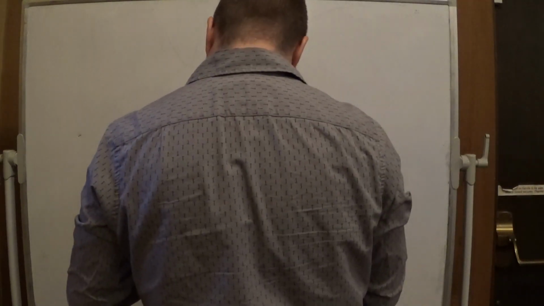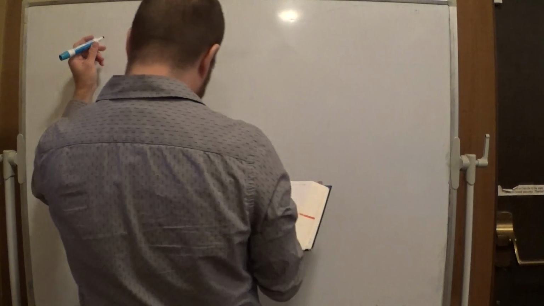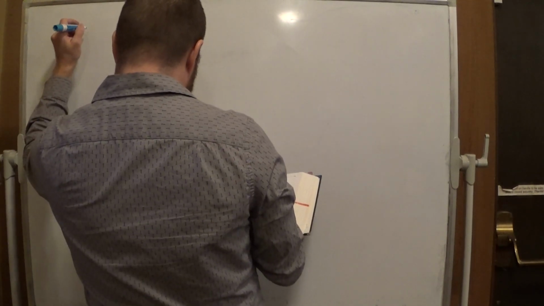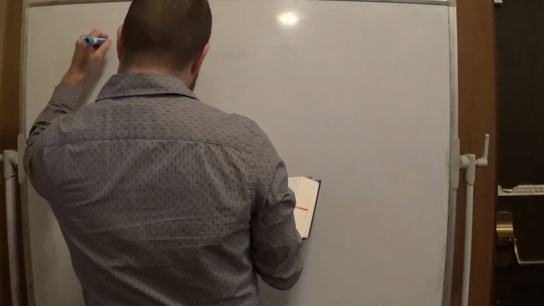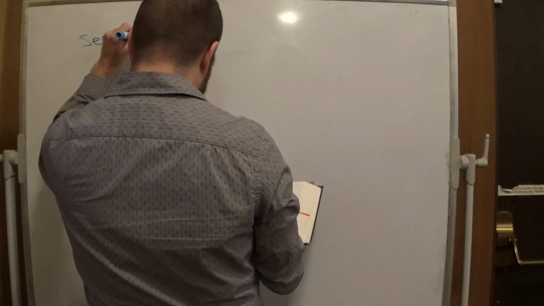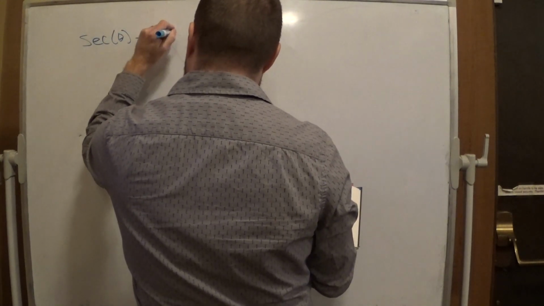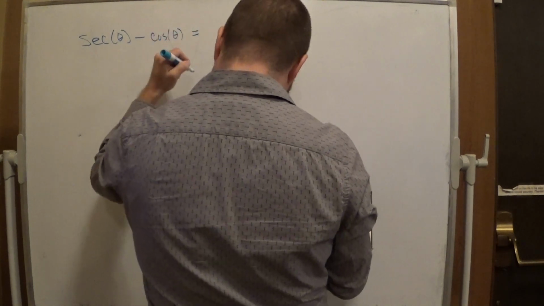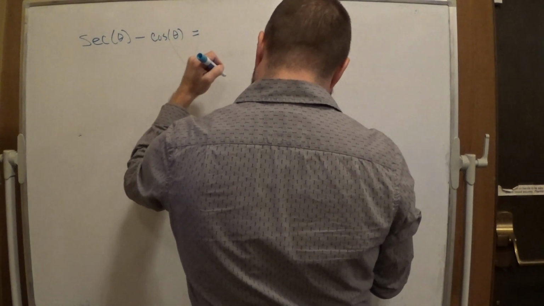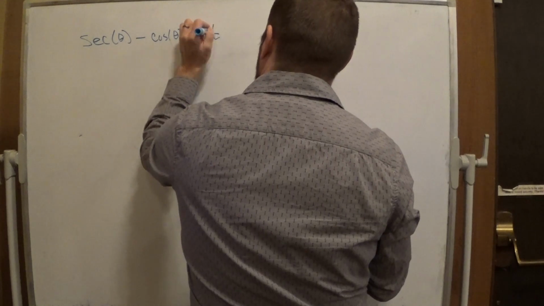Okay, so, for instance, this was one from your homework. Secant theta minus cosine theta equals tan theta sine theta.